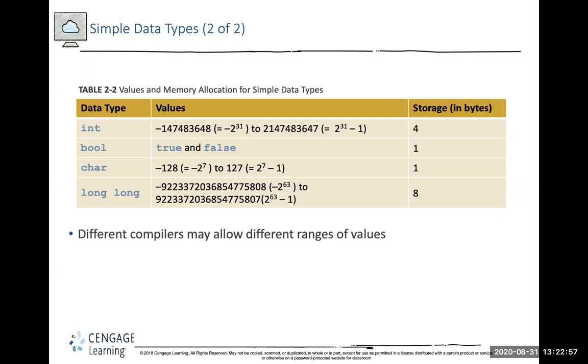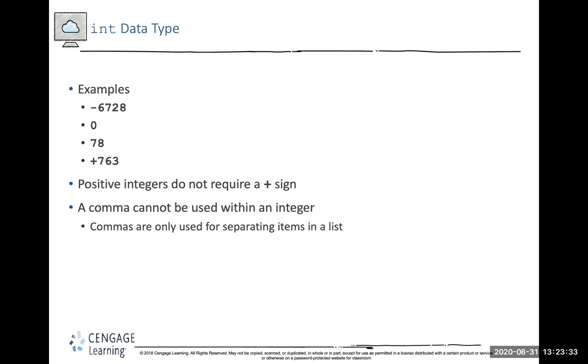You have booleans, which are essentially the true and false values, and then you have a char, which is a character in a single byte, and then you have a long. Well, long is 4 bytes. You have a long long that's 8 bytes.